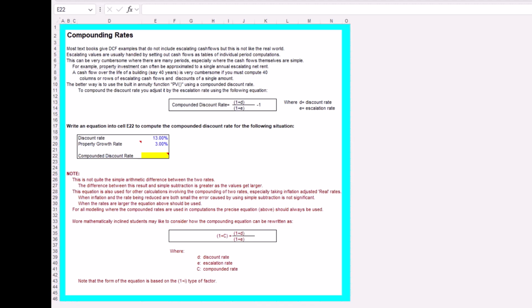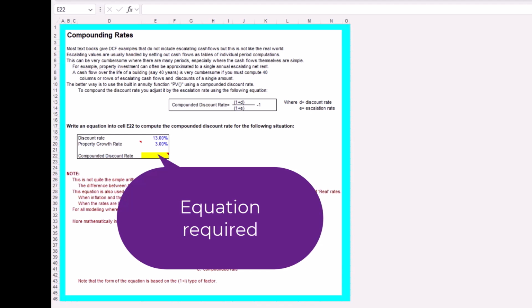This exercise should be familiar from the previous module. All it is the calculation here on Excel on a page of the compound discount rate that we introduced in module 1 under the treatment of growth. Here what's required is to write an Excel equation which basically encompasses this equation.